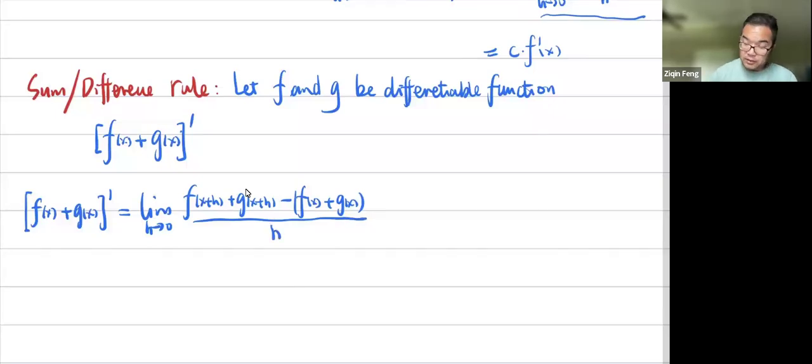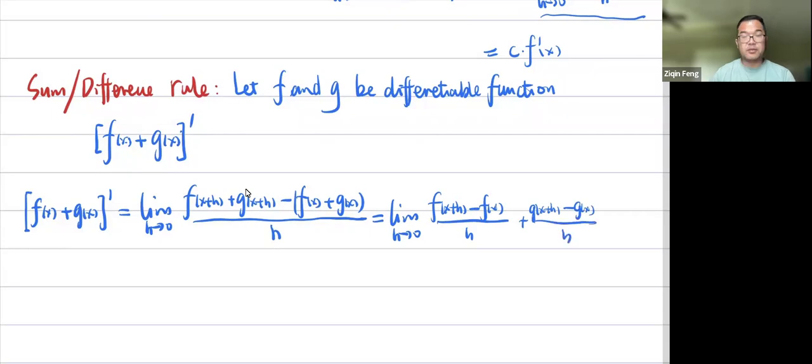Now you can split it into a sum of two smaller terms. As h goes to 0, f of x plus h minus f of x over h plus g of x plus h minus g of x over h, right? You can see these two are the same, so you can split it, or you can combine them. And now you know that f and g are differentiable, which means the first limit is f prime of x and the second limit is g prime of x.